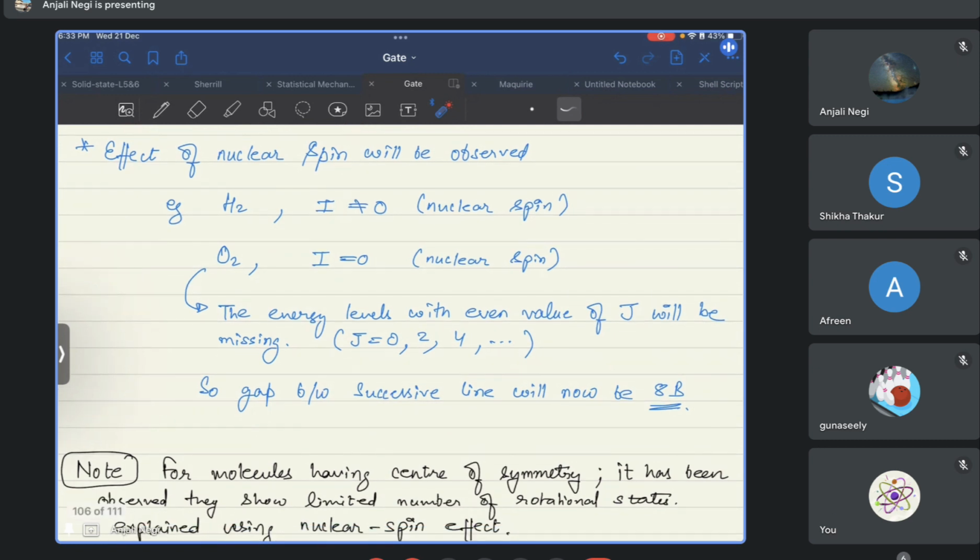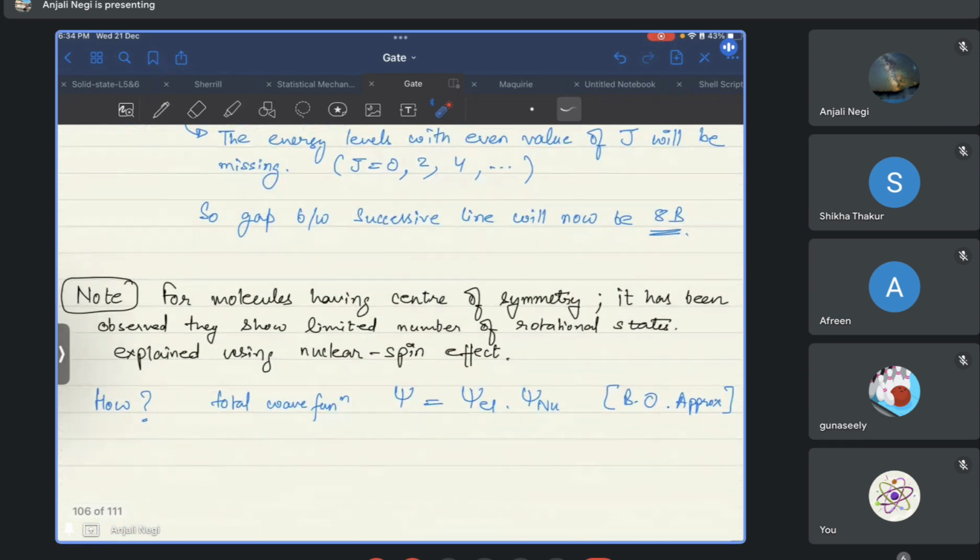Otherwise, you can simply understand that this O2, having nuclear spin 0, will have J values corresponding to even numbers, that is 0, 2 and 4. So these lines will be missing in both Stokes and anti-Stokes. So the gap between the successive lines will now be increased. It will be 8B.